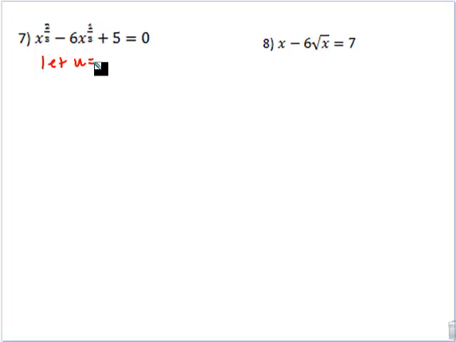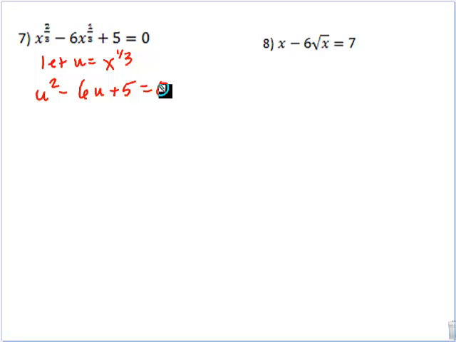Two-thirds and one-third. Is one-third half of two-thirds? Yeah, okay. So what should we let u equal then? Yeah, x to the one-third. So if u is x to the one-third, what will be my quadratic now in terms of u? Yeah, u squared minus 6u plus 5, good, is equal to 0.